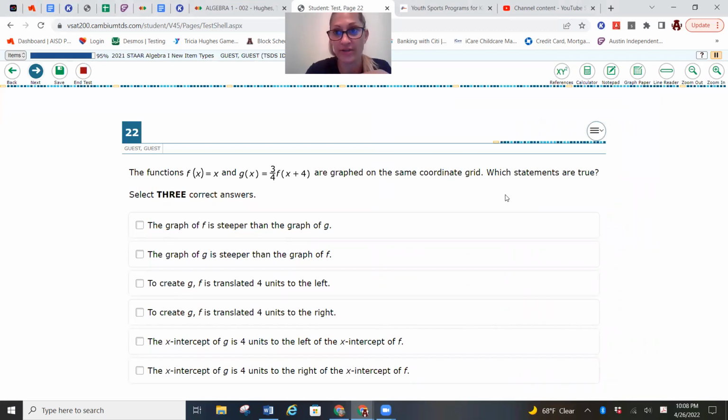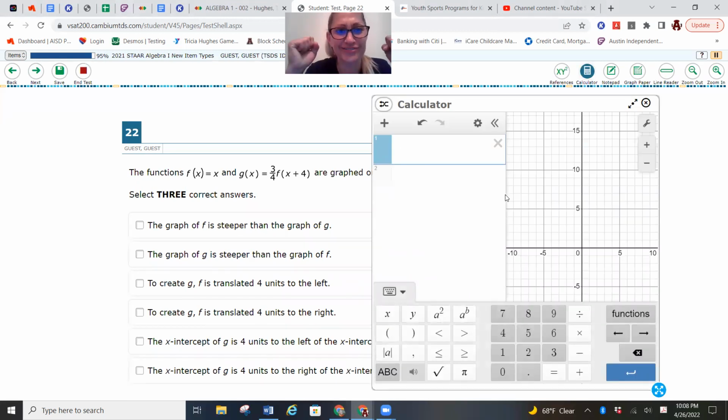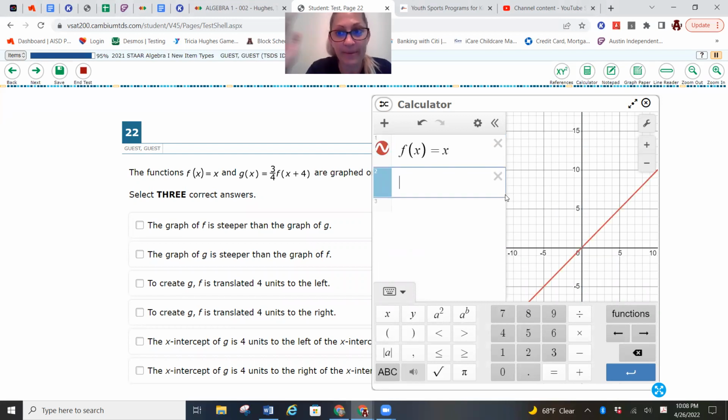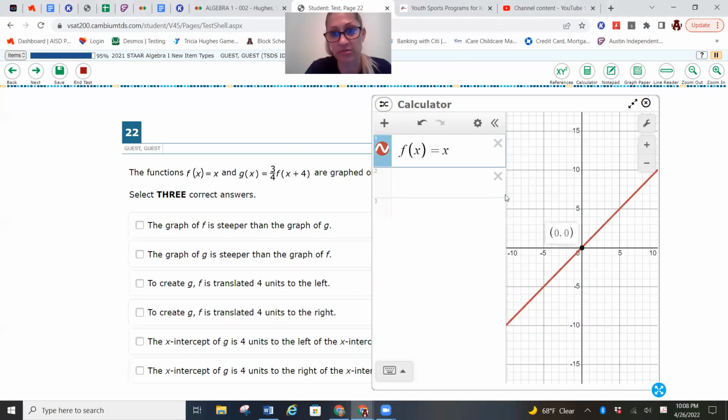Now we're going to do the last one. The good thing is they gave me equations. The function f of x equals x. That's the parent function of a line because it's just up 1 over 1. The slope is 1, the y-intercept goes through (0, 0). That's the parent function.